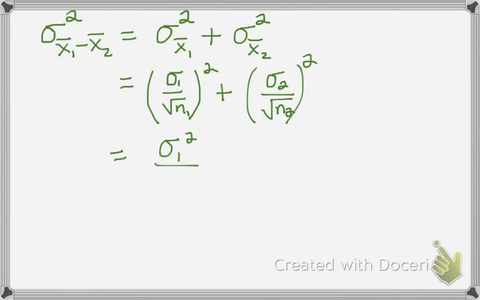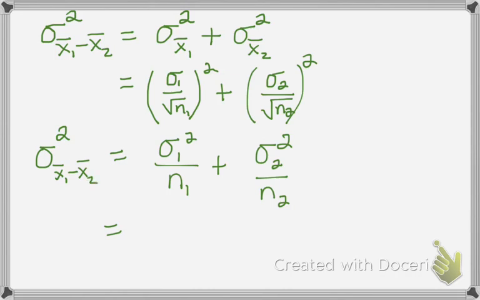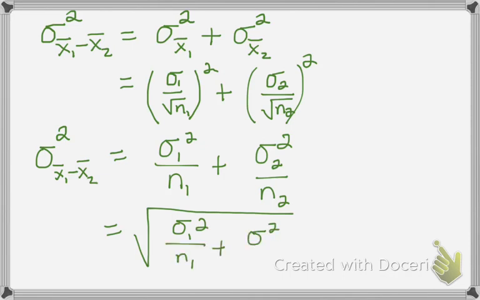The square root of n1 squared is just n1, plus sigma 2 squared over n2. Now all of this equals the variance of the sampling distribution of x bar 1 minus x bar 2, but if you square root both sides, you would get this, which is looking a lot like our formula in that confidence interval.